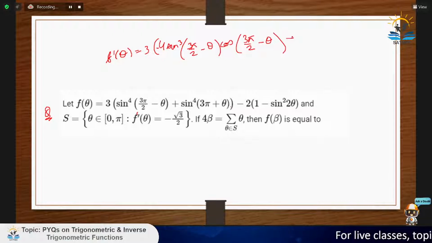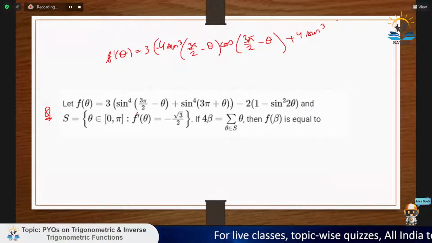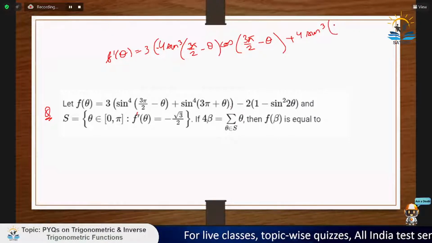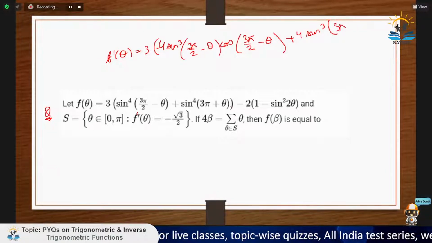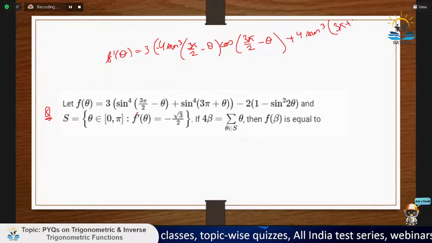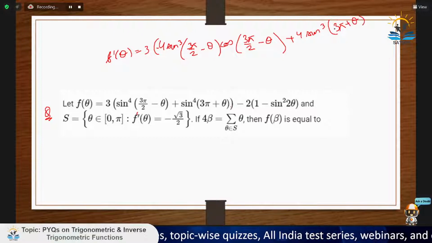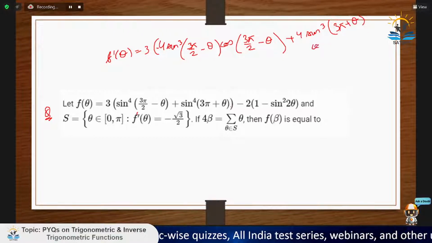plus, for this thing also you need to do the same thing: 4 times sine cube of 3 pi plus theta, and then the differentiation of sine would be cos.